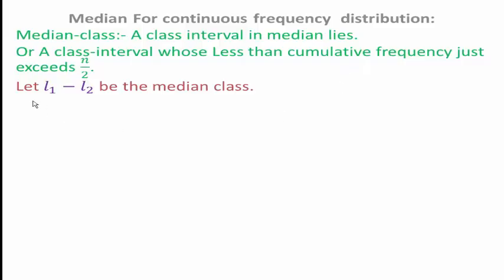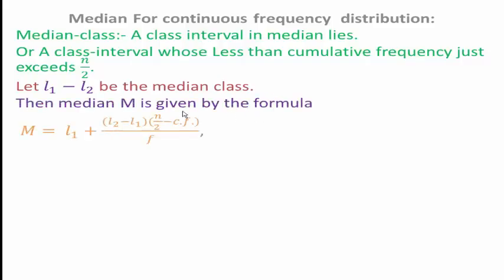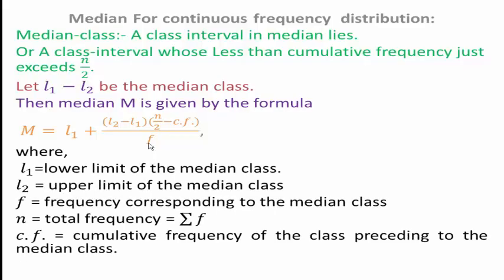So let L1 to L2 be the median class. Then the median m is given by the formula m is equal to L1 plus (L2 minus L1) into (n by 2 minus Cf) divided by f.